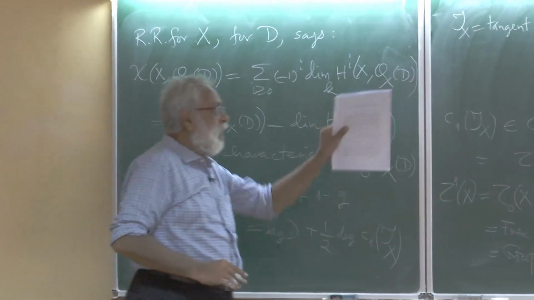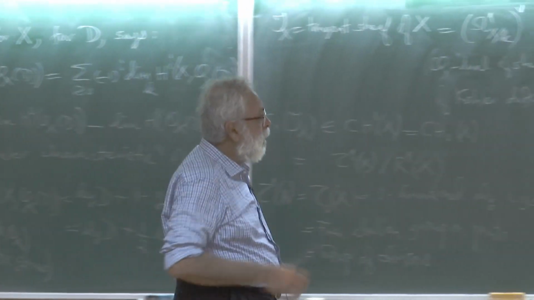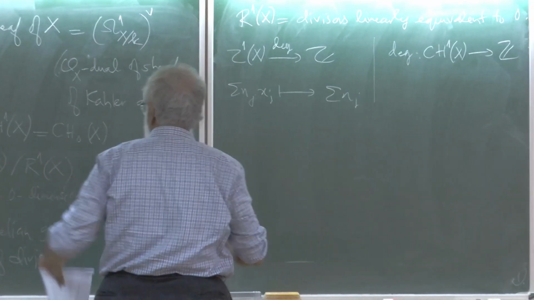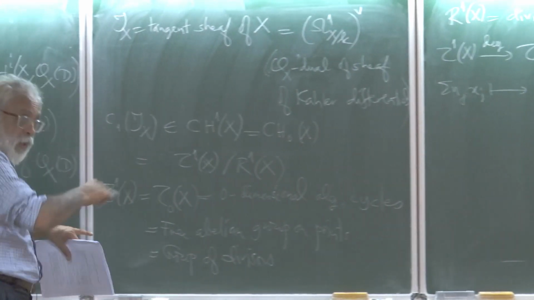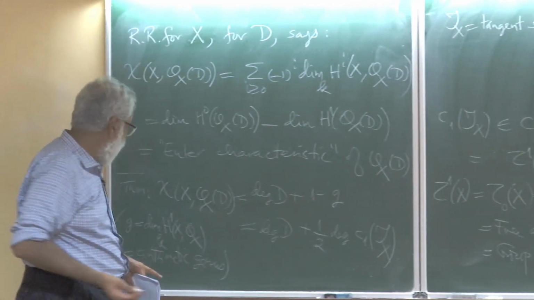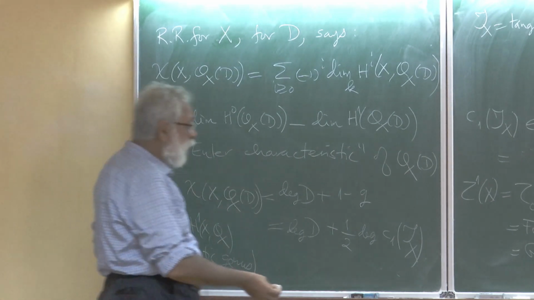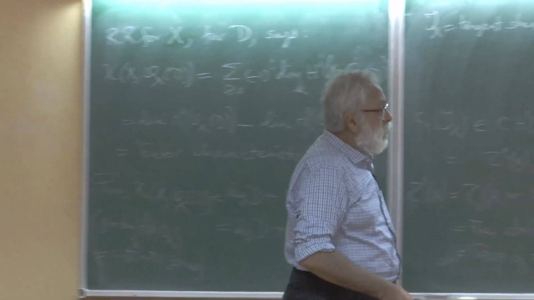Anyway, yes, so I have this, and somehow, I haven't still explained from my point of view, though again, I believe people have done it last week already in some fashion, what is this C1?